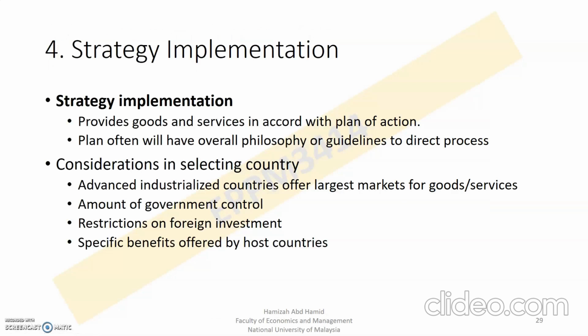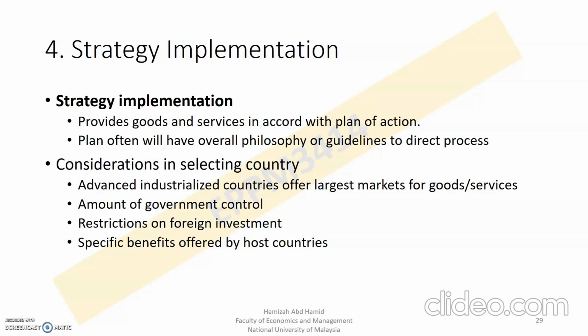So here, strategy implementation will provide goods and services in line with the plan of action. Because a plan often will have an overall philosophy or guidelines to direct the process. It will also influence considerations in selecting the host country.